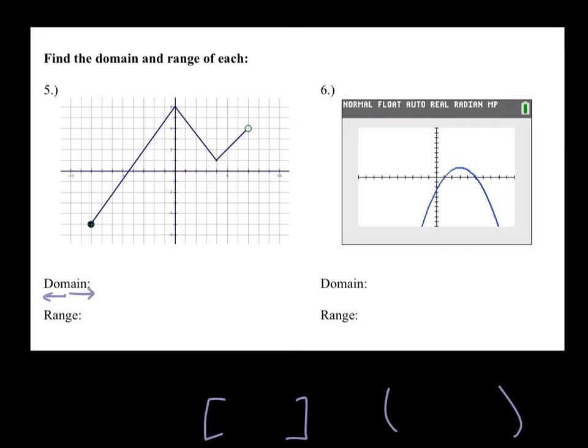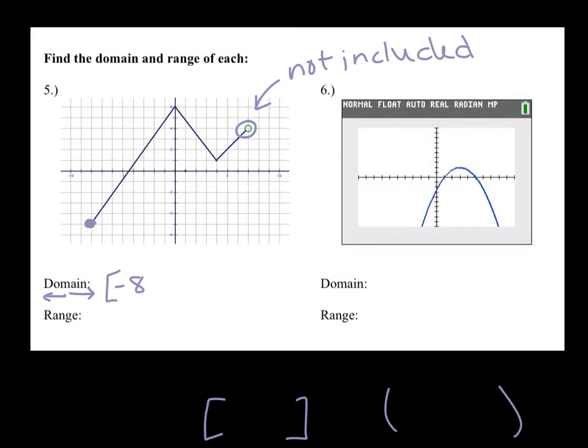The first input value is here at -8. It is included because it's filled in, and then it stops here at +7.